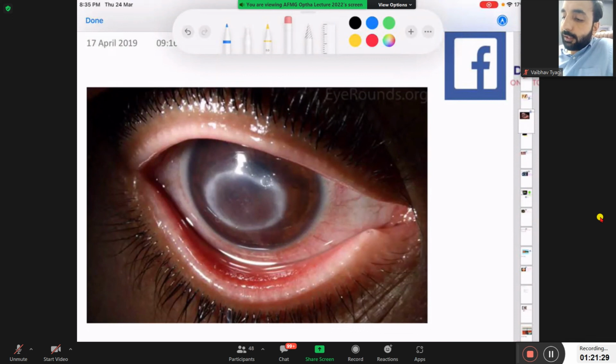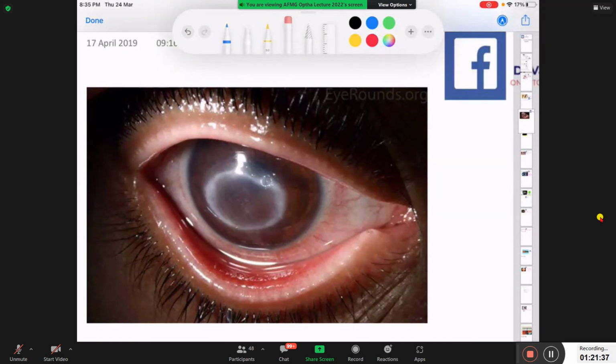Can you appreciate this white circle, or white abscess? This white disc-like abscess is a typical finding seen in acanthamoeba keratitis, and this is called a ring abscess.